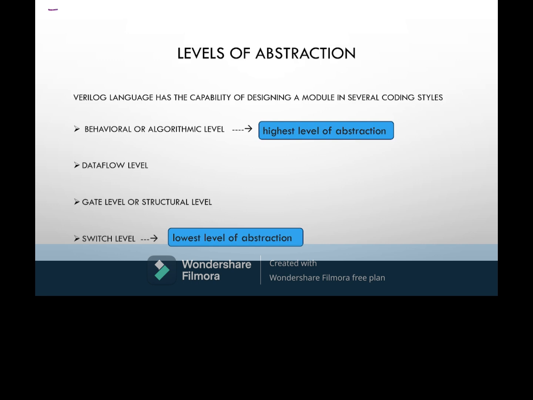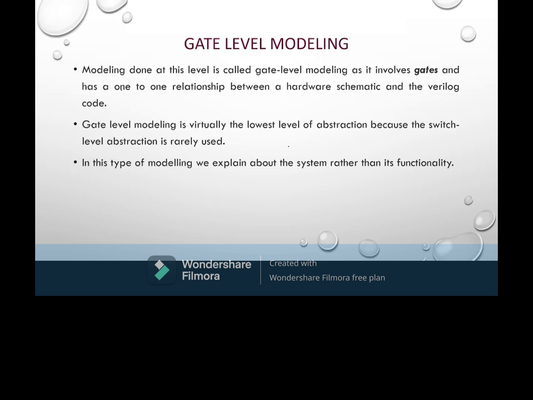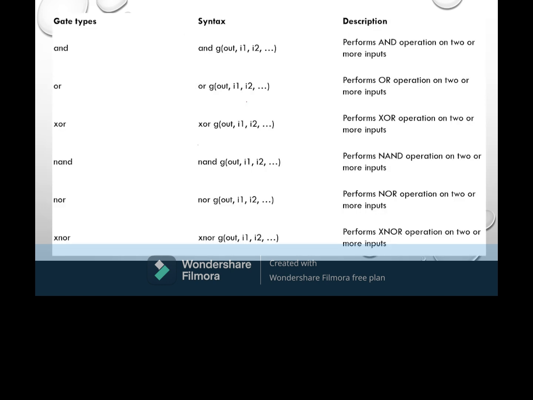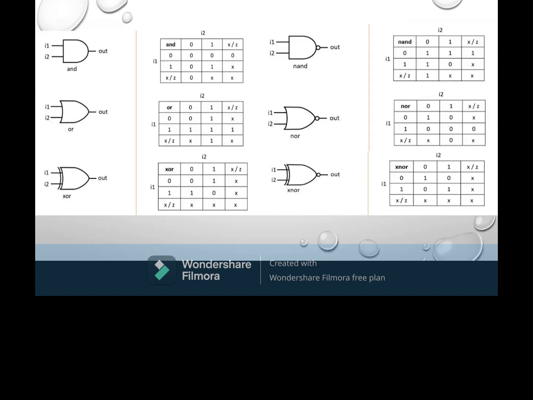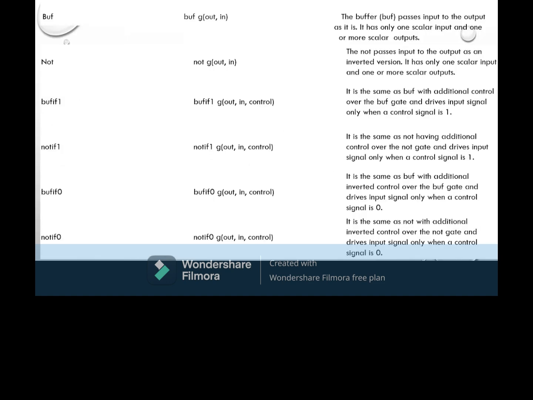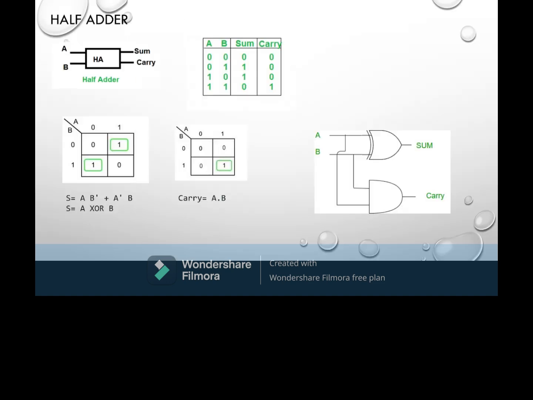In gate level, from the name itself, we will be writing the code based on the gates. Just by seeing the structure of the circuit, we write the code in gate level modeling. You will be using certain gates, and I have already explained the syntaxes of those gates in the full length video, so you can go check it out there.